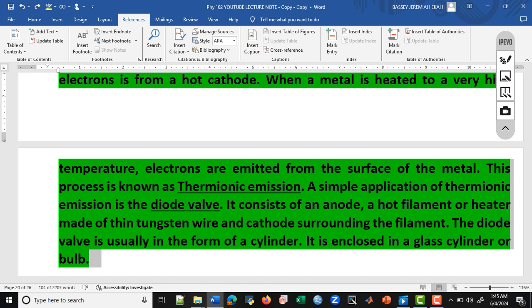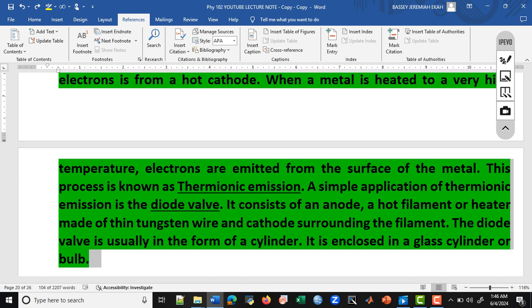A simple application of thermionic emission is the diode valve. That's why I had to underline thermionic emission. It is very essential. Also underline the application, the diode valve. The diode valve consists of the anode, hot filament or heater made of tungsten wire, and cathode surrounding the filament.